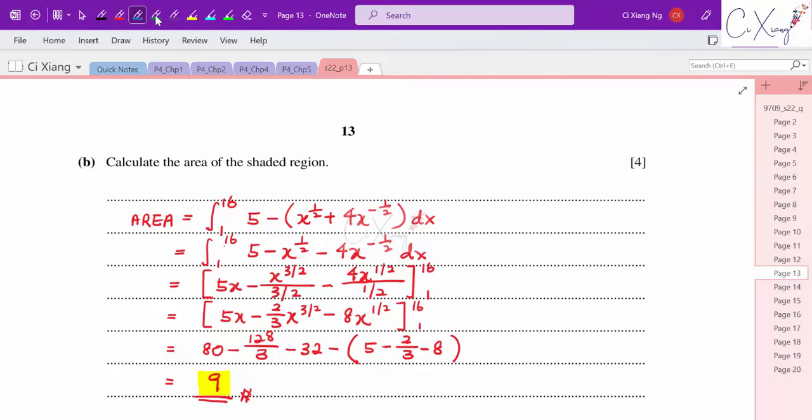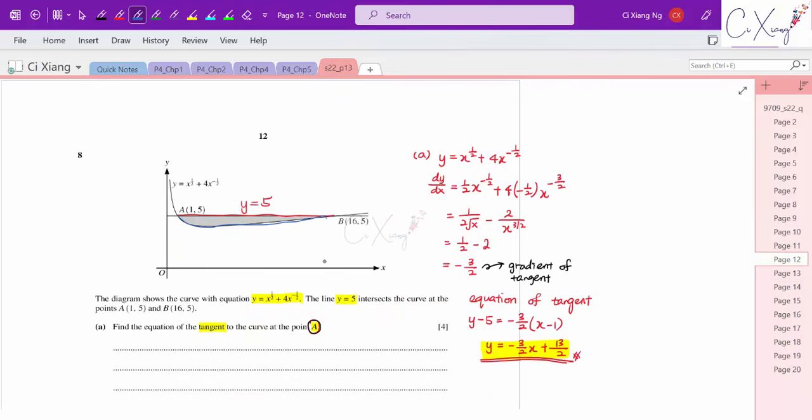This is one way. Another way is, some of us might want to use the area under the graph for y equals to 5. You can see the area under the graph for y equals to 5 is a rectangle. So some of the students might want to use the area of the rectangle, then minus the area under the graph for the curve, which also works.